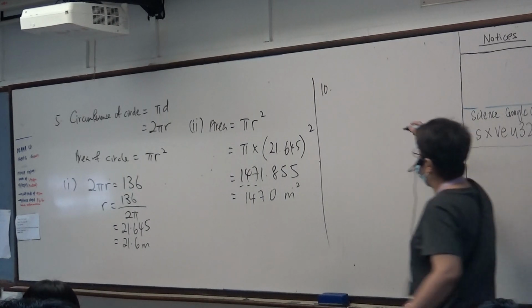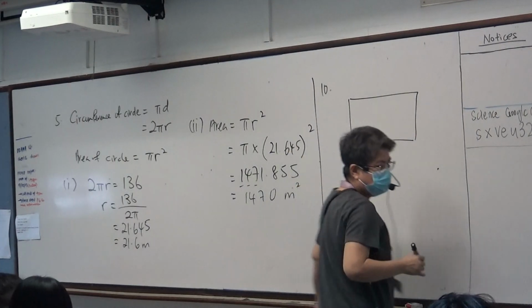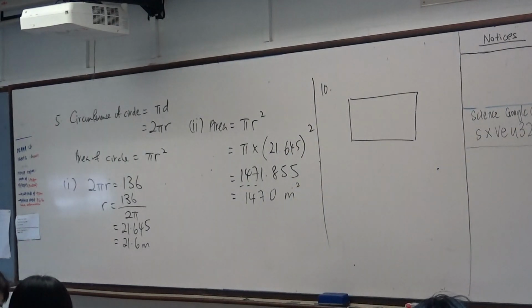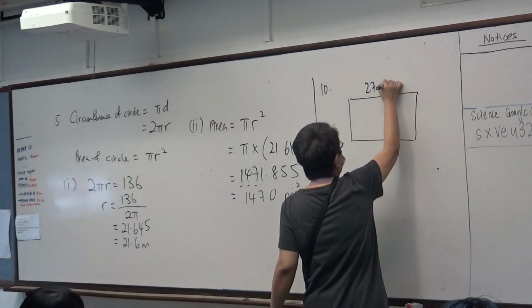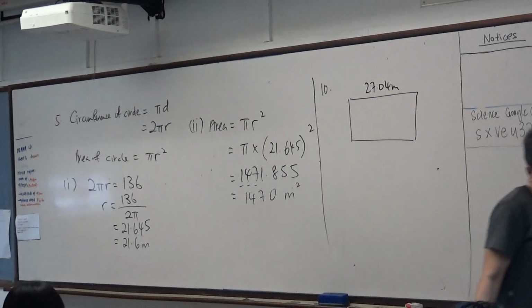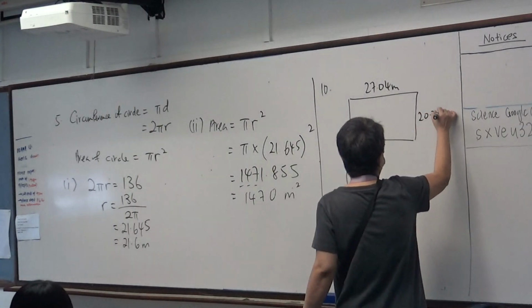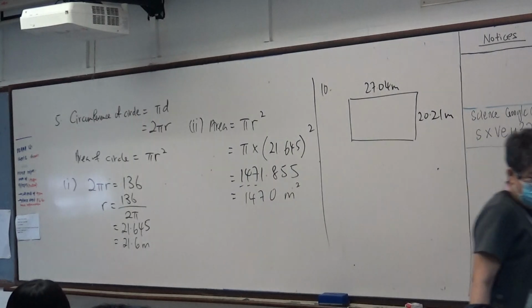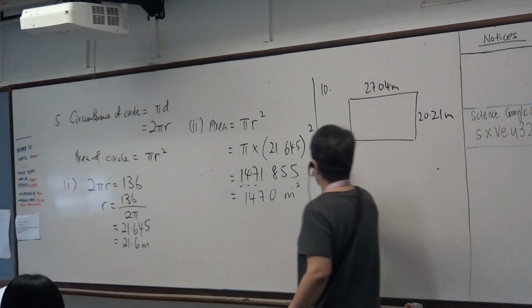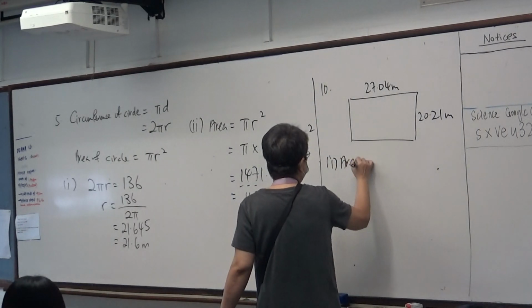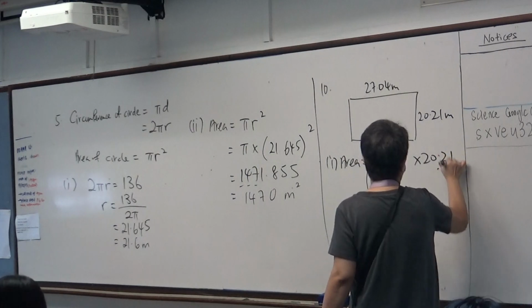I want you all to roughly draw a rectangle. The length is 27.04 meters. The width is 20.21 meters. The question says find the area of the rectangular field. So area will be 27.04 times 20.21.